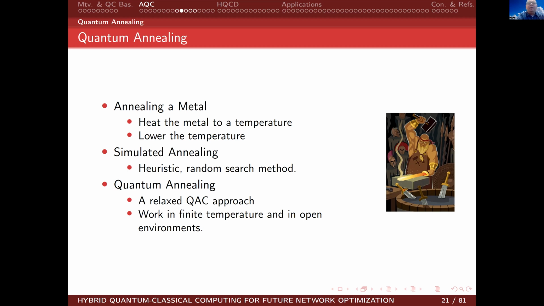The quantum annealing is similar to the classical algorithm because it is also a kind of heuristic algorithm, but it utilizes quantum characteristics or dynamics. It is a kind of relaxed quantum adiabatic approach, and it works at a finite temperature and in an open environment. So it puts less requirement on the environment.